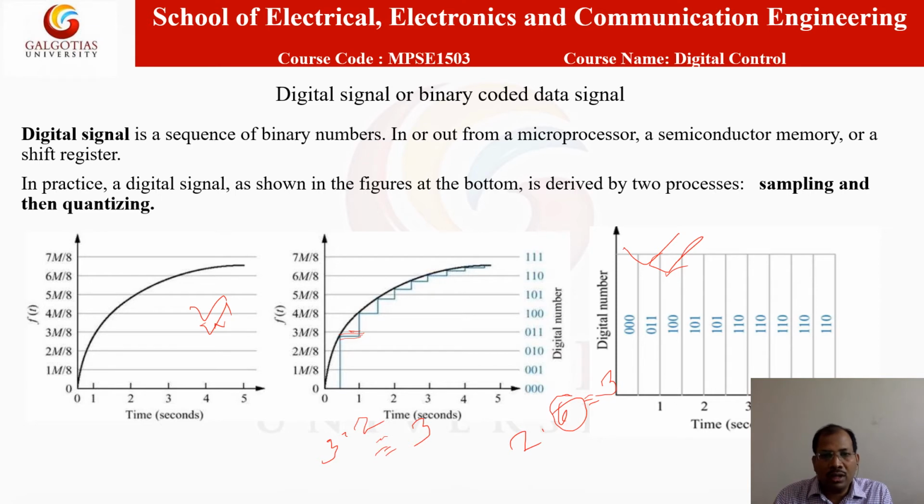Then based on 3, we convert this 3 into binary, so we can represent it. So you can see here, this is 1, we can represent 0 0 1, this is 0, this is 3, this is 4, then 5 6 7 8 9 10. Like that we are representing. So sampling and then quantizing. For a continuous signal, first we sample, then quantize.